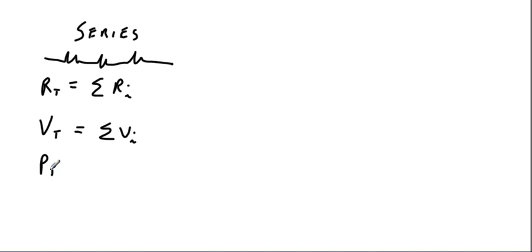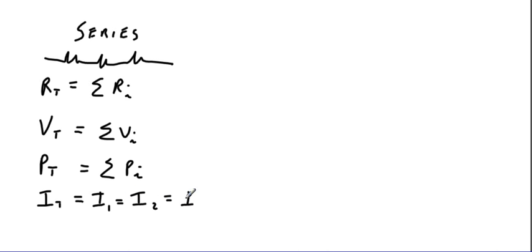My total power is going to be the sum of the individual powers. My total current is going to equal the individual currents. Whatever current I have going through one has to be going through each of them because I'm in series.